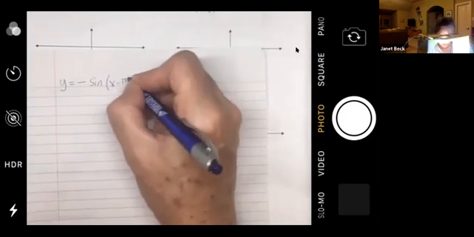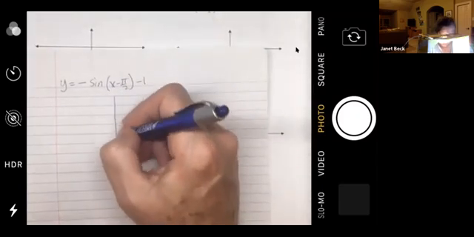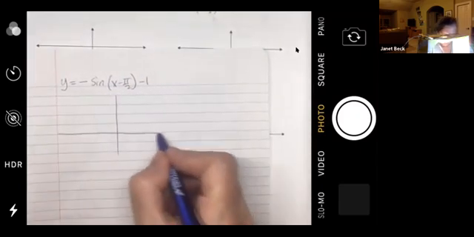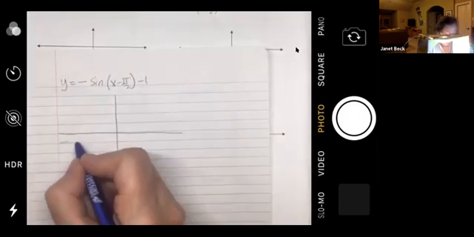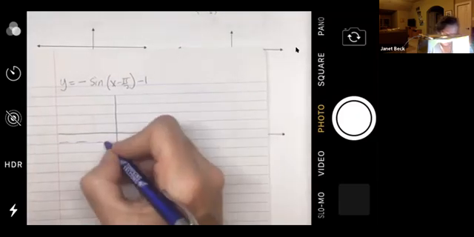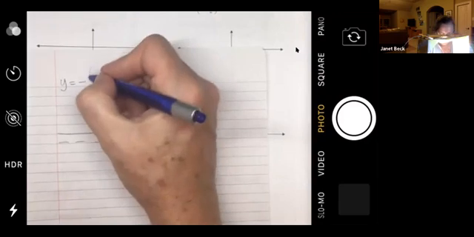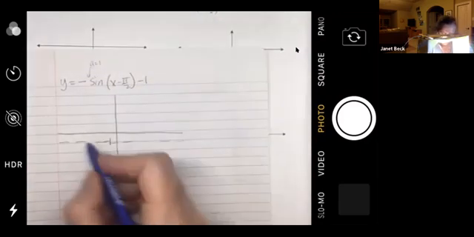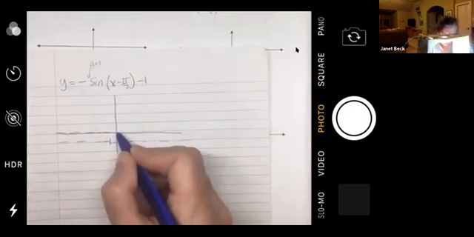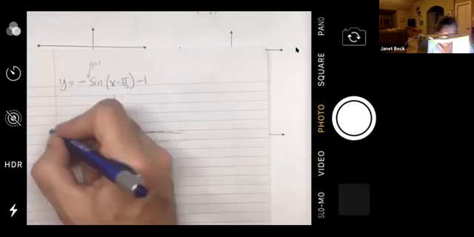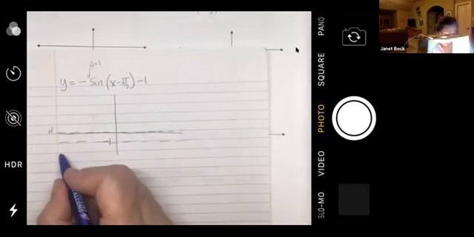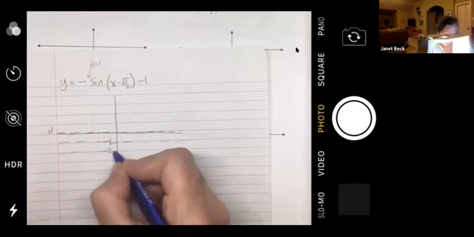So here we go again. Just graph that minus 1, shifted down 1, so that's going to be at minus 1. The amplitude here is just 1, so we'll be going up to the x-axis for the highs and down 1 to minus 2 for the lows.